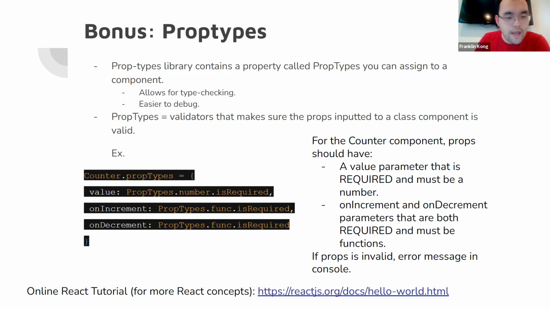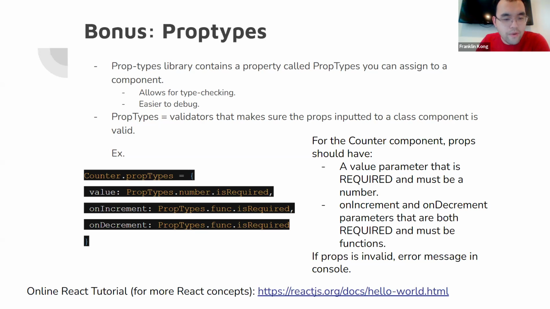So we do Counter.propTypes, which is a JavaScript object, so you have to enclose the attributes in curly braces. Inside, we say that Counter should accept at least 3 attributes in the props object that gets passed to it. One is value, which must be a number and is required, so you have to pass in an attribute called value.